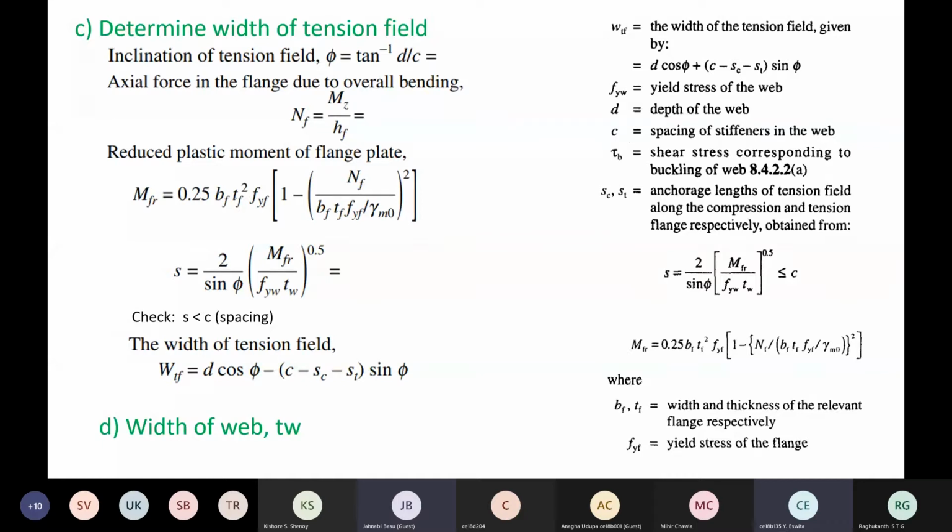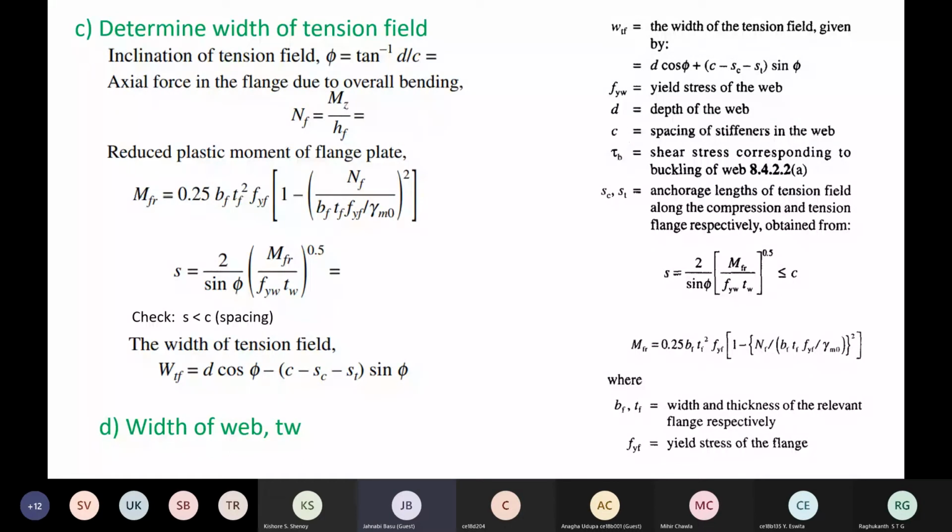Okay, fine. Now calculate NF, that is actual force in the flange. MZ is already given in the problem, and HF is the center to center distance of the flanges, that is 1435. You can go to the first page and see HF is given in the first figure, that is 1435.